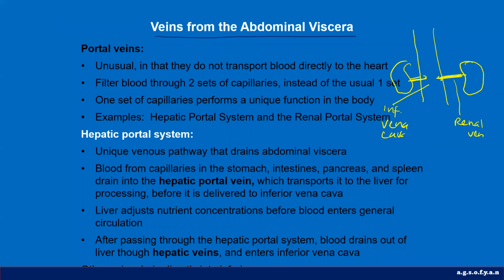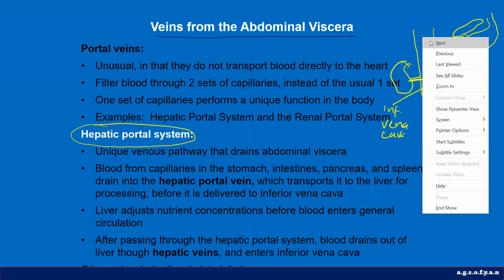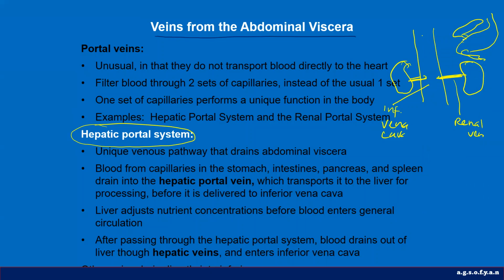But there is a special circulation called the portal system that returns the blood from our GI tract. So our GI tract, let's say stomach, pancreas, intestine, they will not return the blood directly to the inferior vena cava, but they will return the blood to another organ called the liver.